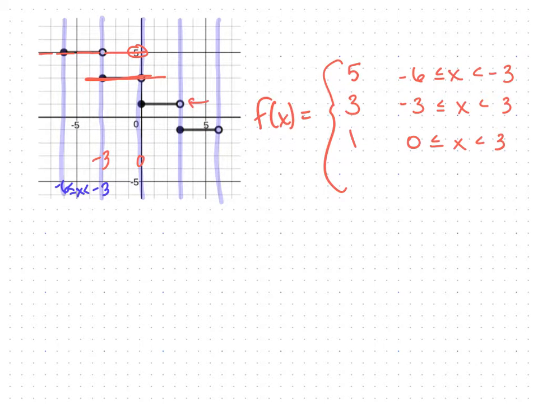Oh, no, I gotta go back. So right here, where I just erased, I had written 3, and I meant to write 0, so I apologize for that confusion. And then the very last one, -1, goes from 3, which is less than or equal to x, which is less than 6.